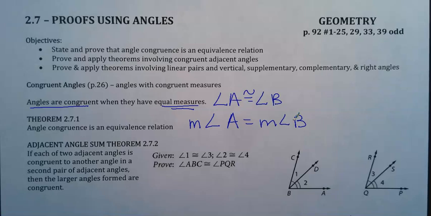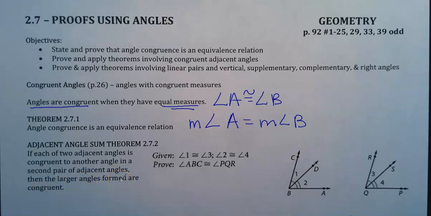Then we have the adjacent angle sum theorem, 2.7.2. If each of two adjacent angles is congruent to another angle in a second pair of adjacent angles, then the larger angles formed are congruent.